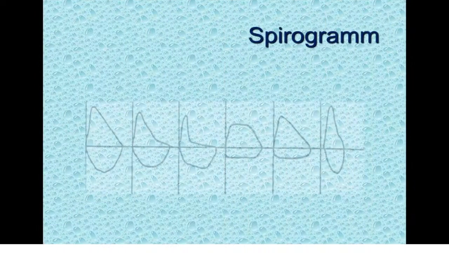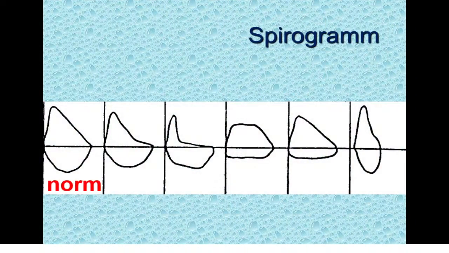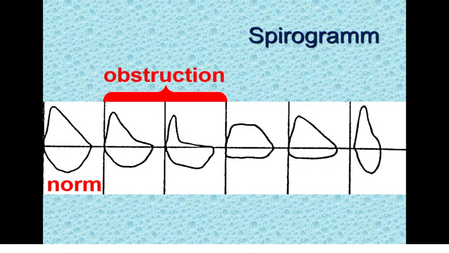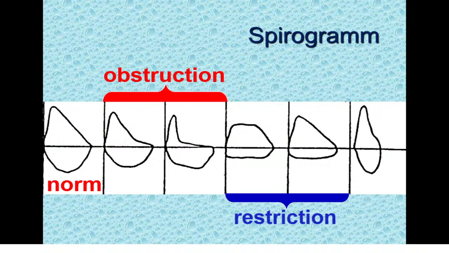And this graph shows you the norm. Then the next two graphs are characteristic of the obstructive type because the upper part is expiration. Next is the restrictive type and the last is the mixed type.